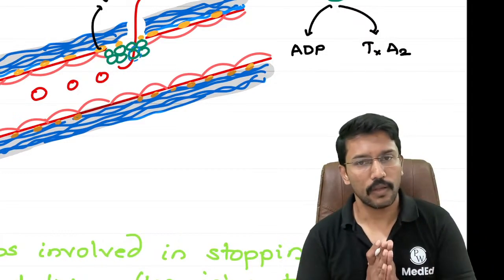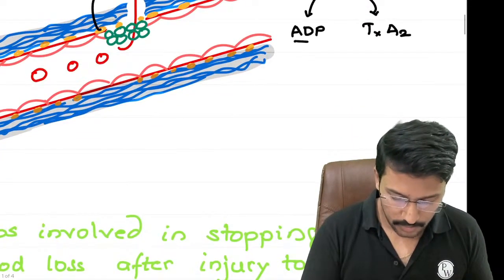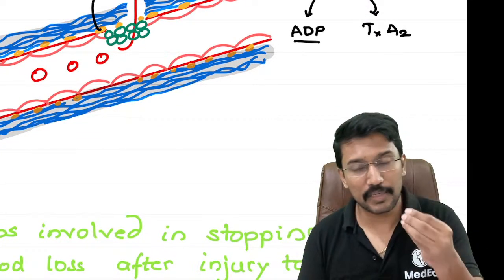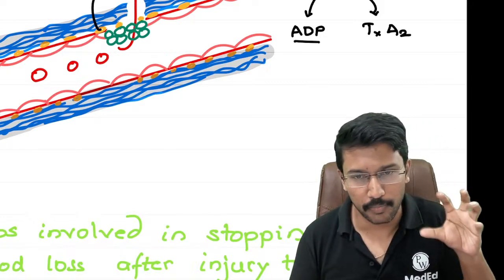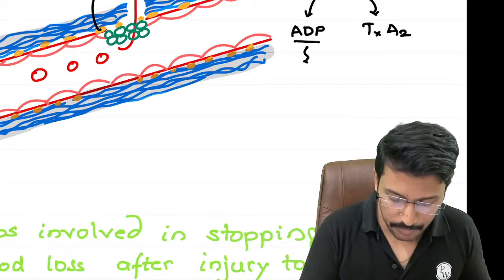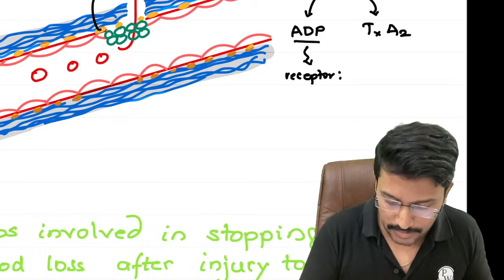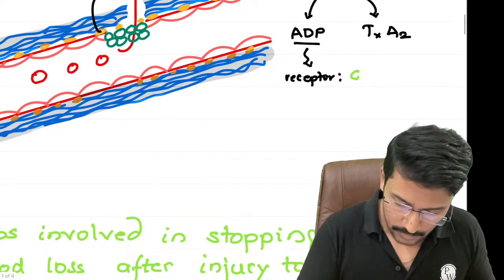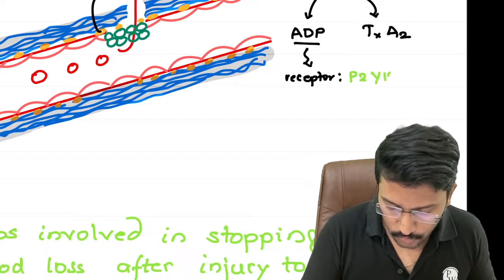Now this ADP particularly will require a receptor on the platelet so that it can bring that platelet to the site where the plug needs to be formed. The receptor of the ADP that is present on the platelet is called P2Y12.